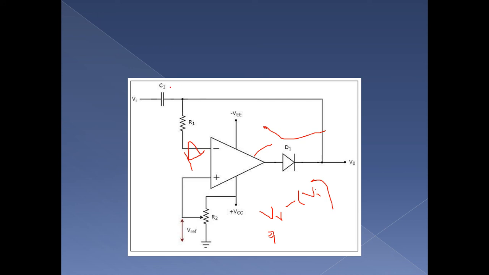So V0 will be whatever I am giving as Vi plus whatever voltage the capacitor is holding. The two are in series, so the addition of these voltages will appear in the output. So V0 is equal to Vi plus Vc.